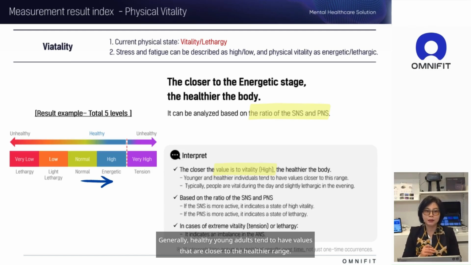Generally, healthy young adults tend to have values that are closer to the healthier range. However, for older adults, middle-aged people, and seniors, if they exercise regularly or if their autonomic nervous system is in a healthy state, their indicator values also come out closer to the physical vitality index.